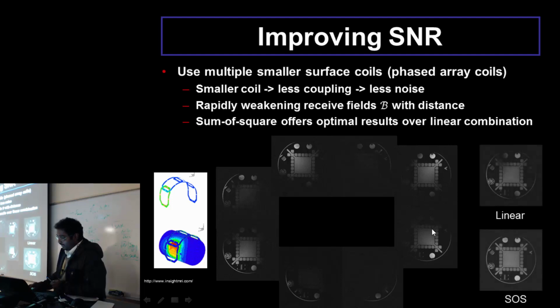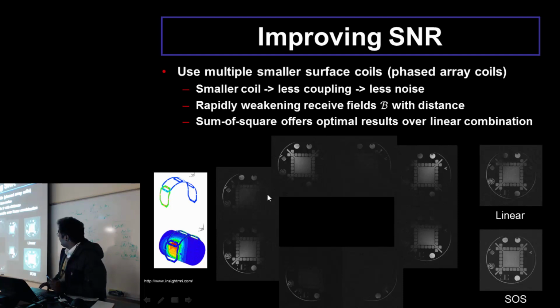So in that case, how do you combine these coil images to get the optimal signal to noise ratio in your experiment? So far we have just talked about one coil, typically a birdcage coil, which has a uniform B1 reception, and your noise characteristics and signal pickup characteristics are uniform throughout the space.